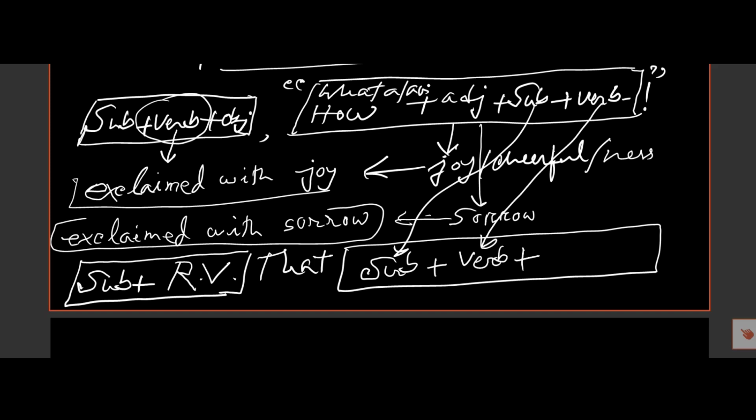Then if the sentence begins with what a or what an, then in lieu of it, put a very or a great. But if the sentence begins with how, then only very or great.